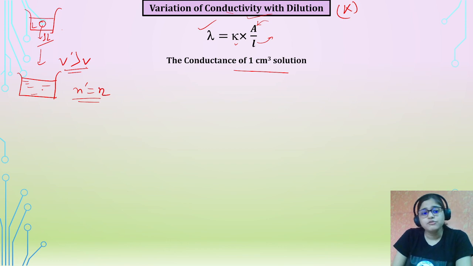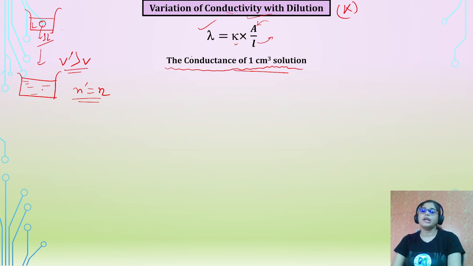So now, when we find the conductance of one cubic centimeter of solution, let's not talk about conductance. Let's just talk about the number of ions in one cubic centimeter of solution, which was here. Will it be the same here?